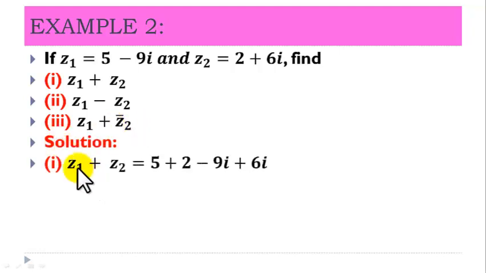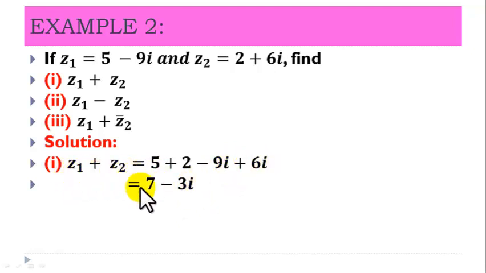1. z1 plus z2 is equal to, we add the real part, which is 5 plus 2. Then we also add the imaginary part, which is minus 9i plus 6i, to give us 5 plus 2 equal to 7, minus 9i plus 6i is minus 3i.